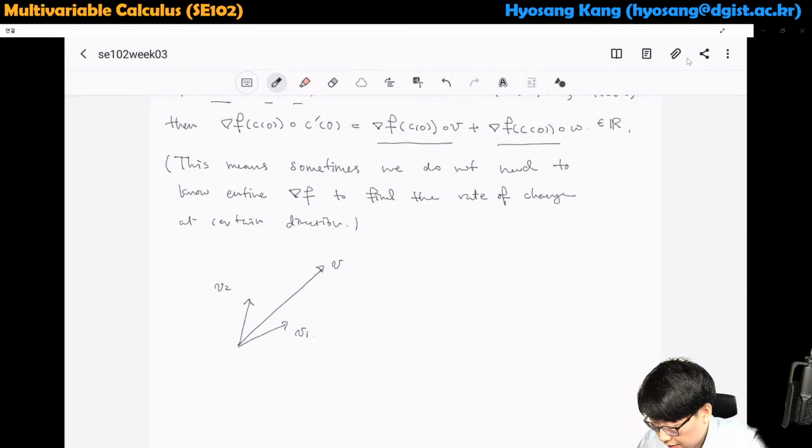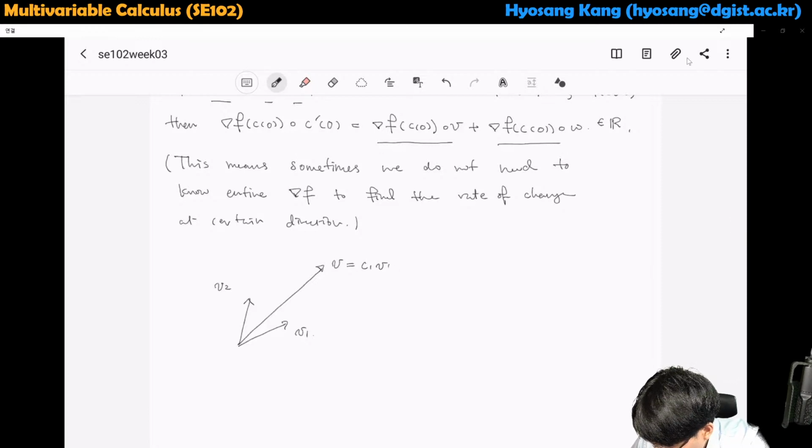For example, this is not simply v1 plus v2, but you can compute your linear combination of v1, v2 with some coefficients c1 and c2, and you want to observe what happens when you move your variable in the direction of v.